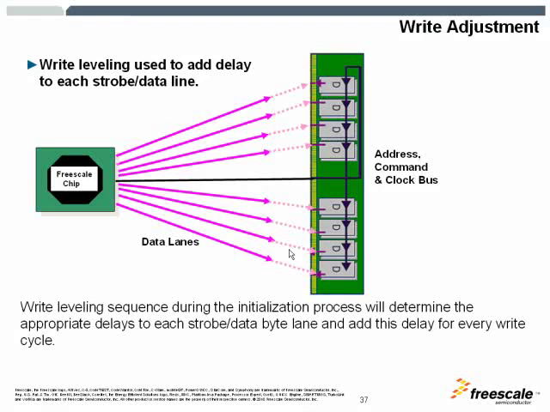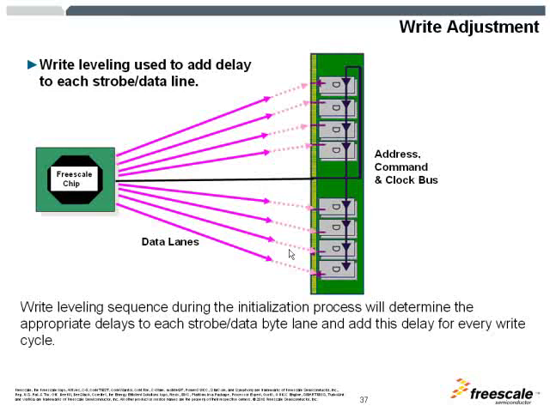During the write cycle, all the data would be sent. If all the data are sent at the same time, then the SDRAMs would not expect them at the same time because of the skews that are present in the command structure. So what happens here is, during the initialization, the memory controller figures out what these delays are and sends each byte lane at a different time with the needed delay to compensate for these flyby skews.